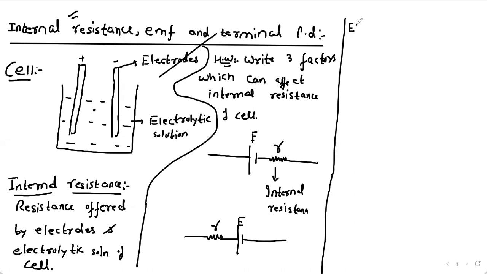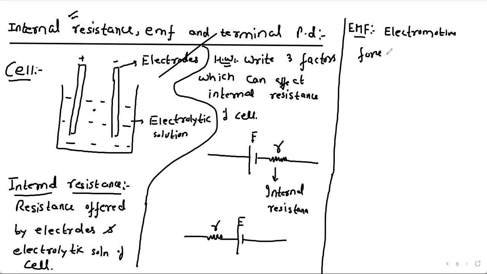After internal resistance, we have the next definition, that is the EMF of the cell. The full form of EMF is electromotive force. That's the full form. But this term force is misleading. This full form was given in an era when people didn't understand this phenomenon properly.